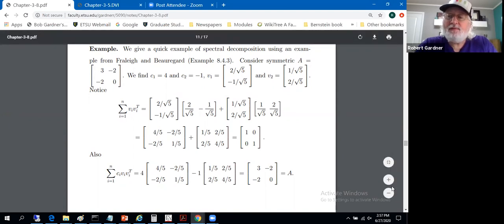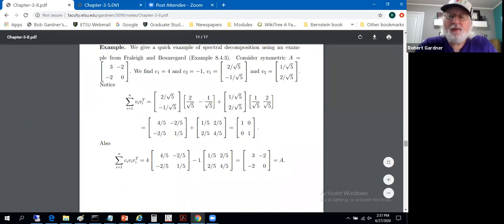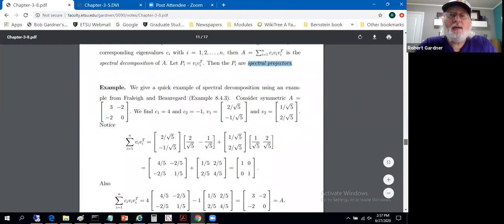We claimed, make it smaller so I can see that definition up there too, with the P sub i's defined as these outer products, we got these two matrices. Yes, these are the spectral projectors. We claimed we could write A as a sum of eigenvalue c sub i times the corresponding spectral projectors P sub i.